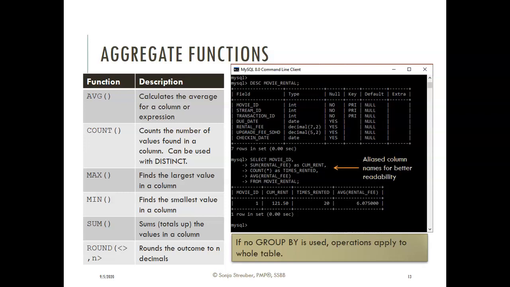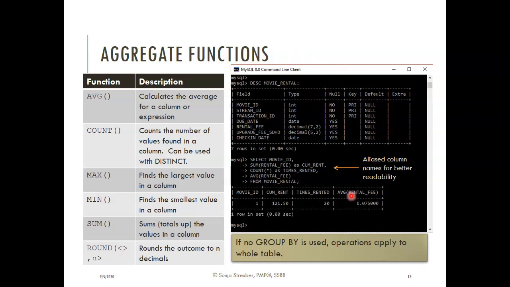We can use aggregate functions to do basic business analytics. Aggregate functions are, for example, average, count, max, min, sum, and round, with which we can round the output from our math to 2 decimals.